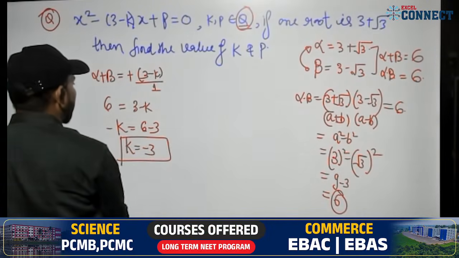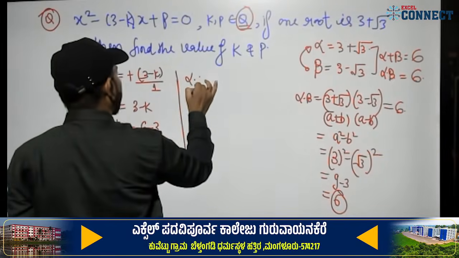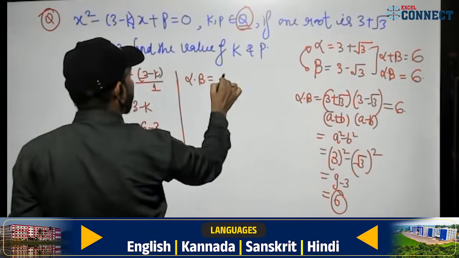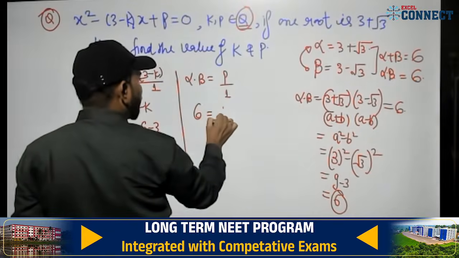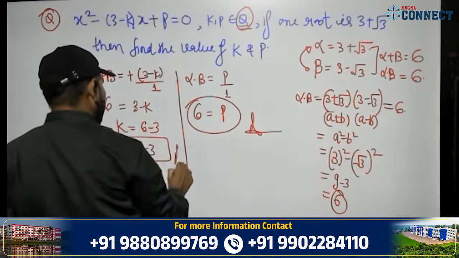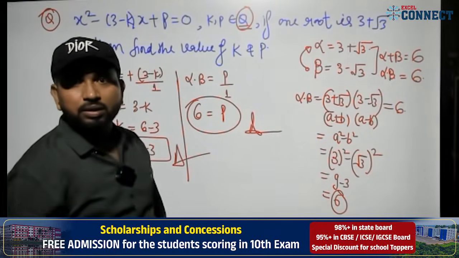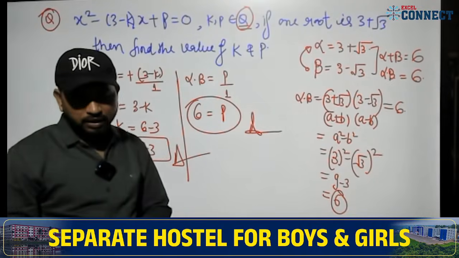Now alpha into beta is equal to p by 1. This value is 6, so p is equal to 6. So our answer is k is equal to minus 3 and p is equal to 6. Yes, this answer is 100% correct.